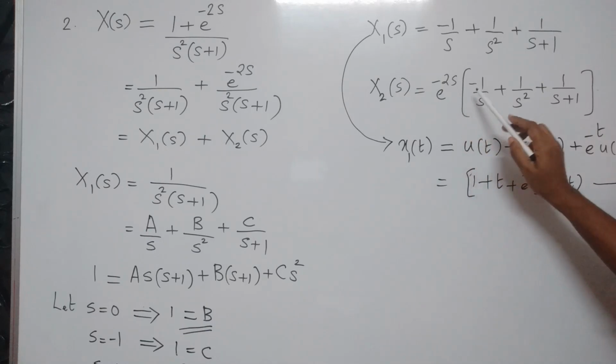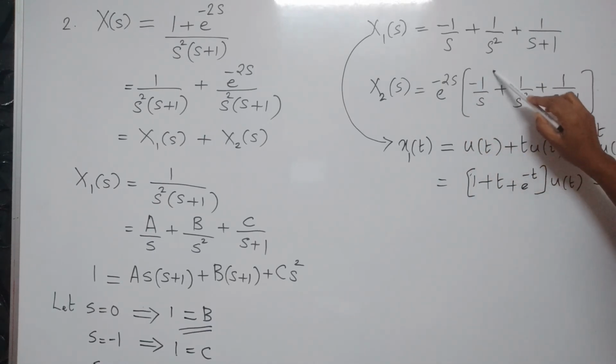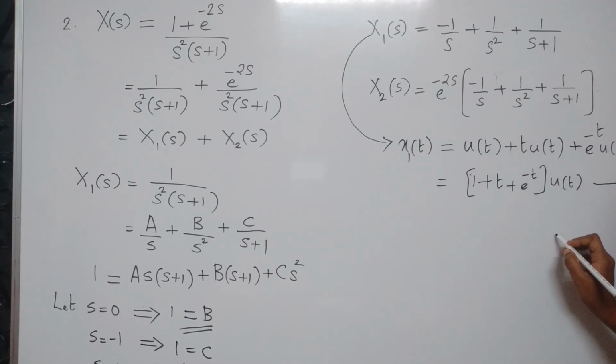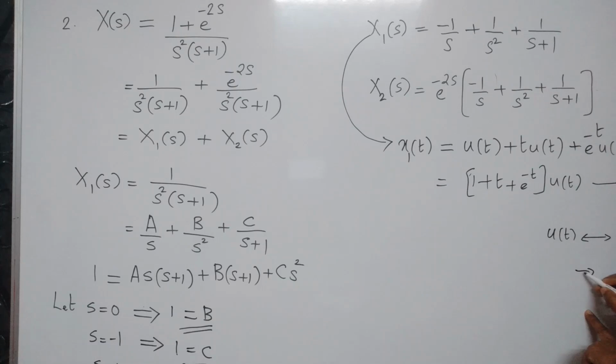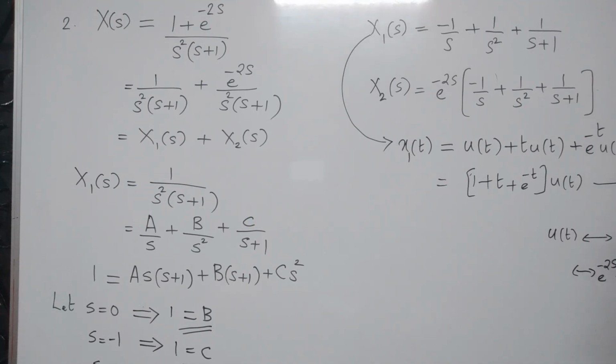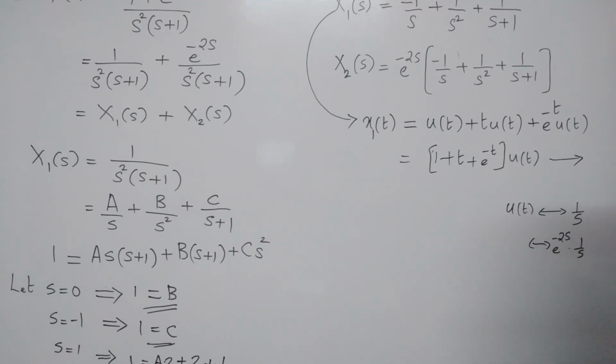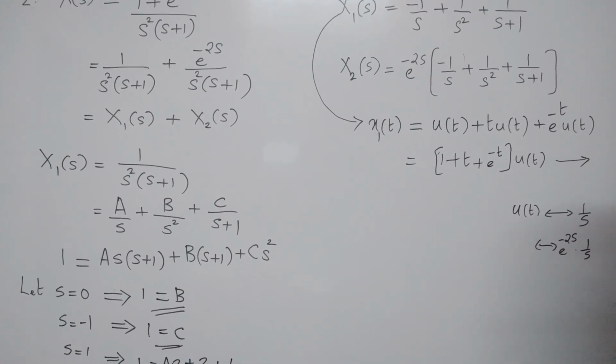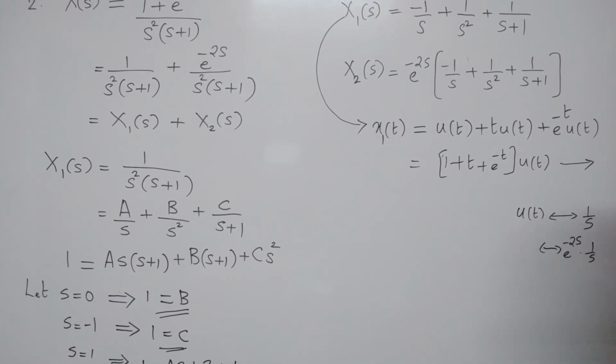Now the inverse Laplace transform of 1 by s is u of t. Then what will be the inverse of e raised to minus 2s into 1 by s? It is the time shifting property, right?